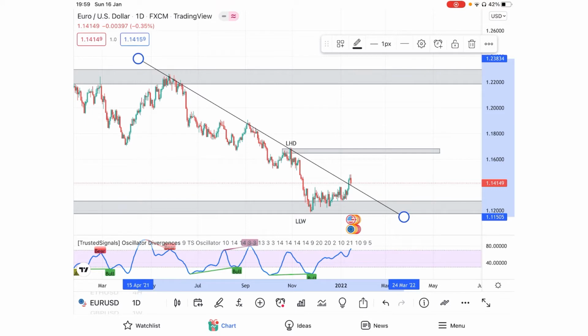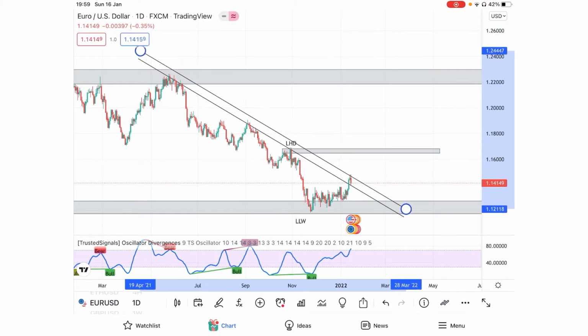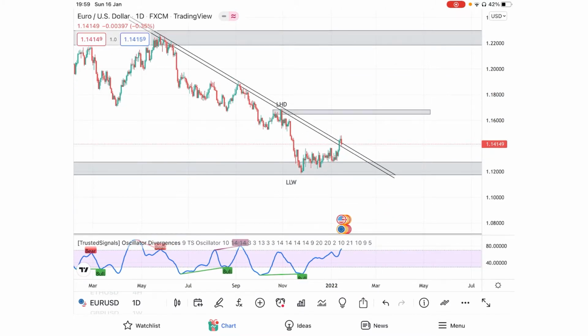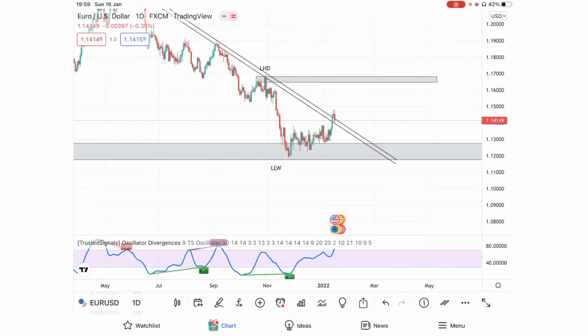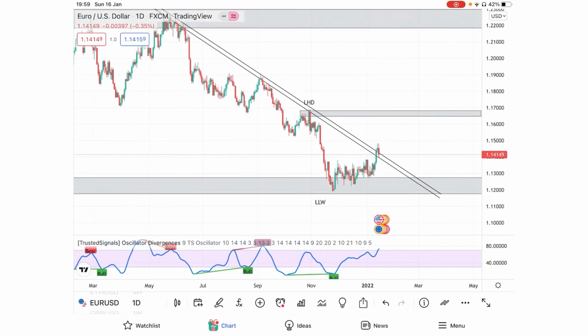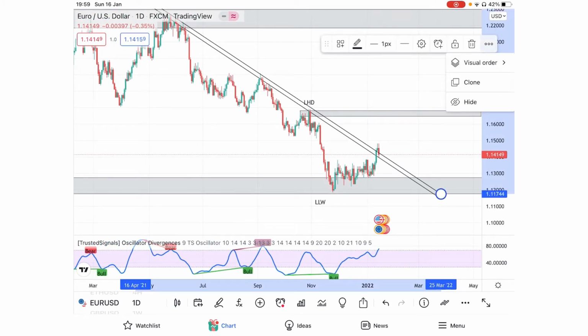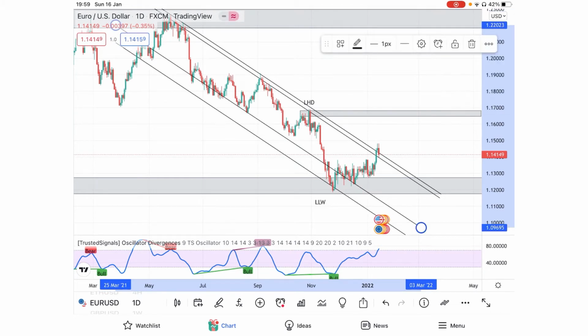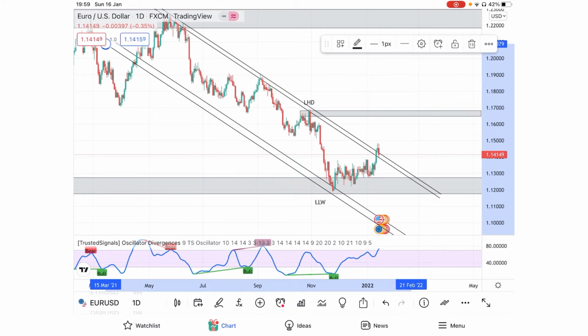Now what I like to do is to clone it, and boom. As you can see, we kind of bounced off this channel. Let me clone this again to put this line right here and do it one more time, and boom. This is our bearish channel.